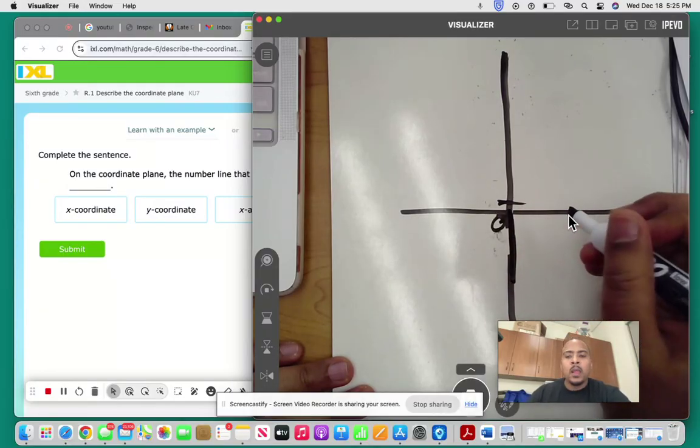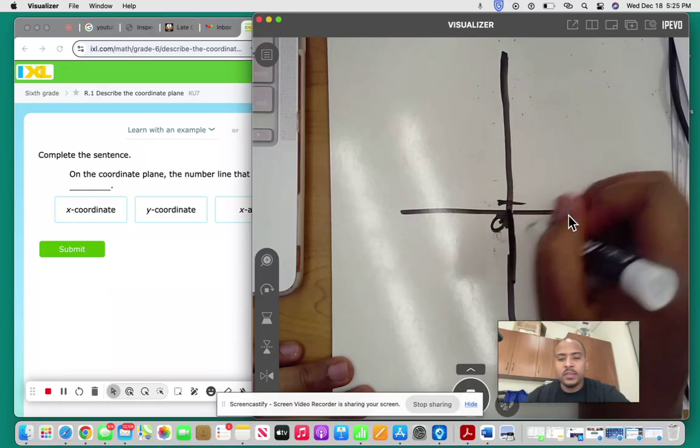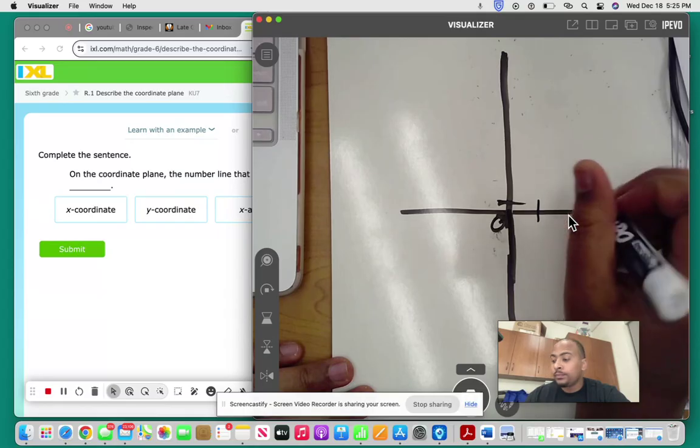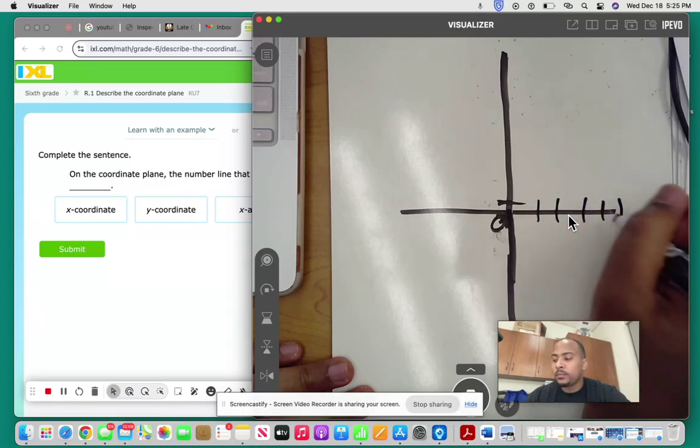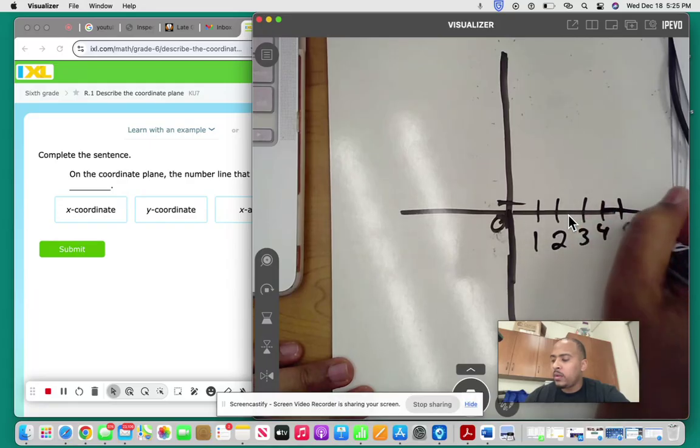All right, as you know, on a horizontal number line, if I go right of 0, what happens? The numbers are what? Positive. So yes, it'll go 1, 2, 3, 4, 5.